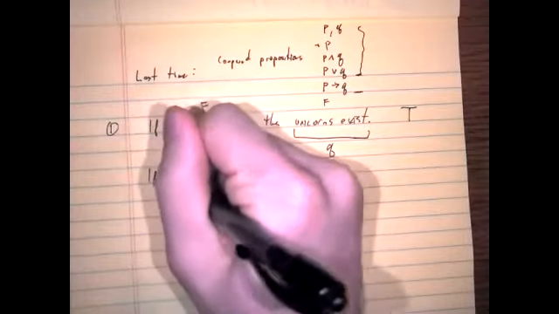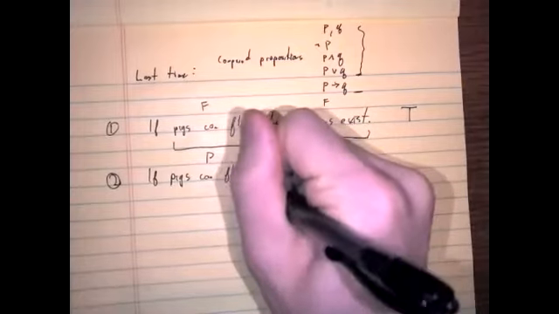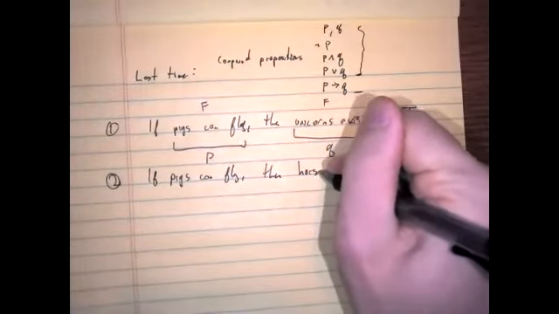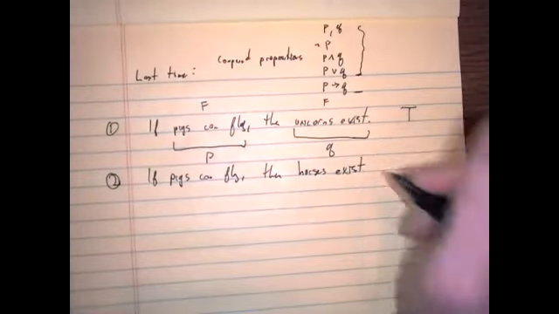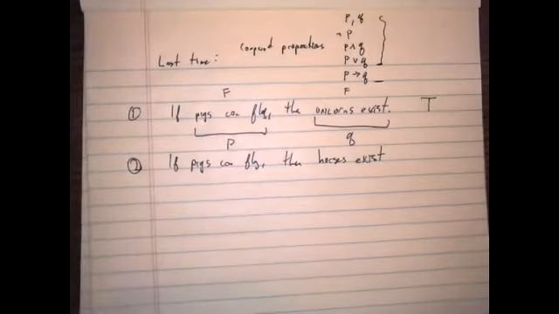Similarly, if pigs can fly, then horses exist. What about this one? Is this true or false? This one's true for very similar reasons.